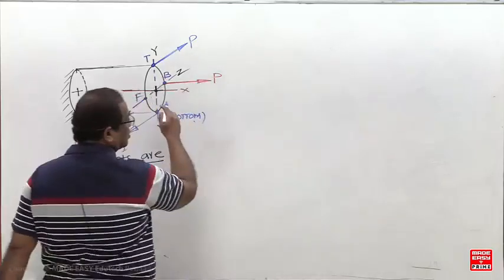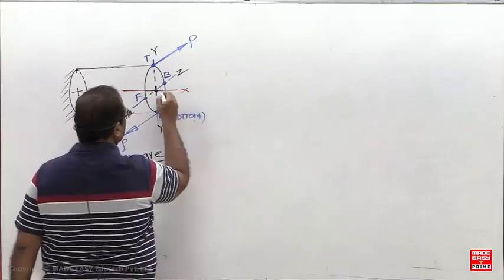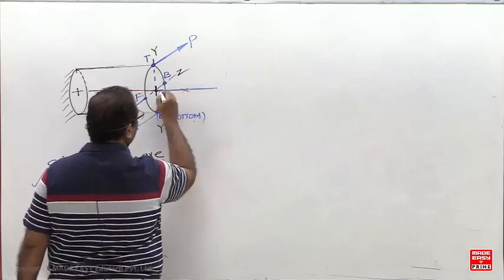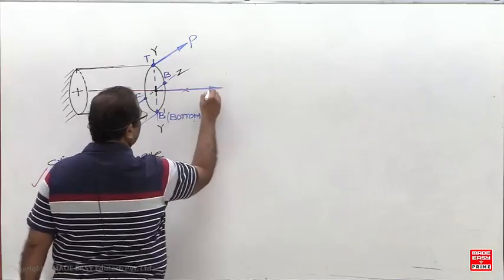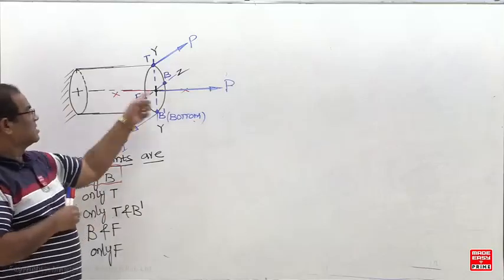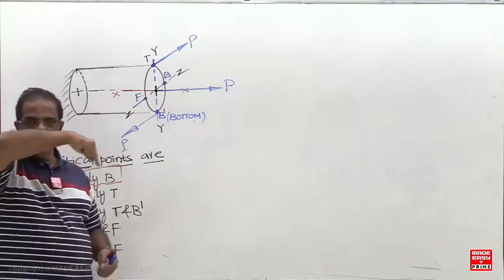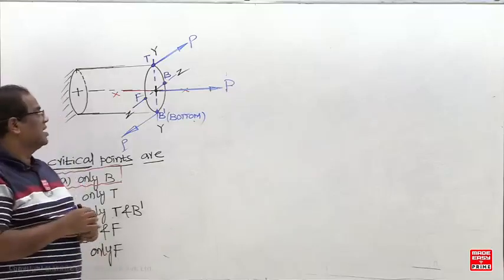This is equal to how many loads? One axial tensile load and a bending moment. Bending moment in which plane? Horizontal plane. Therefore the Cx or Cy or Cz?